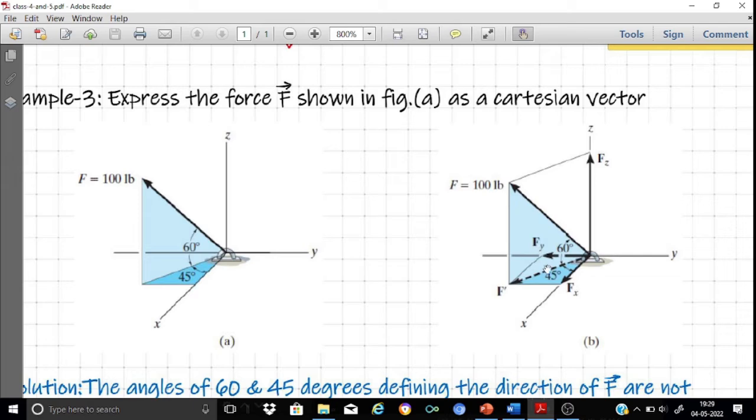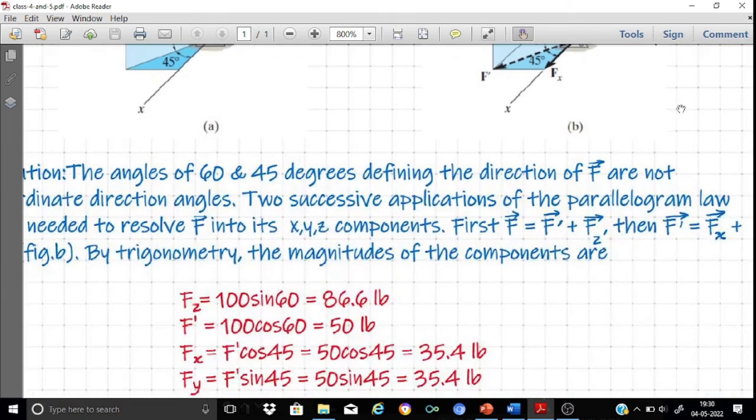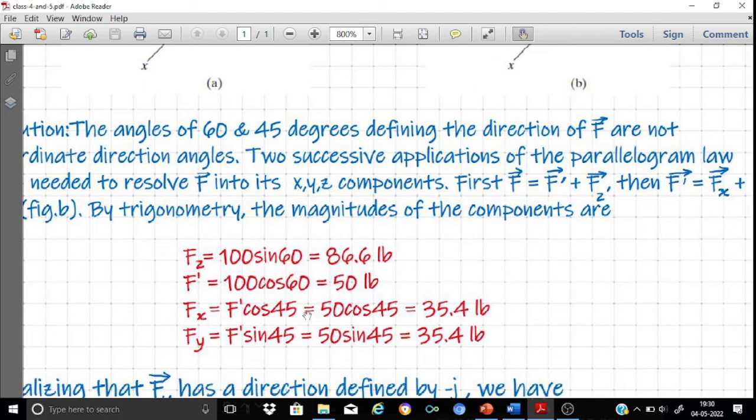We have all the angles available to us. Here F dash makes angles of 45 degrees and 45 degrees with my x and y axes, which means Fx can be written as F dash cos 45 and Fy can be written as F dash sin 45. So from the magnitude of the given vector and the angles, we obtained Fx, Fy and Fz.